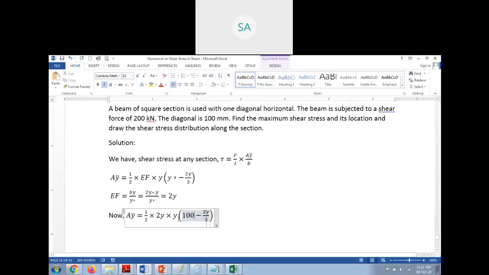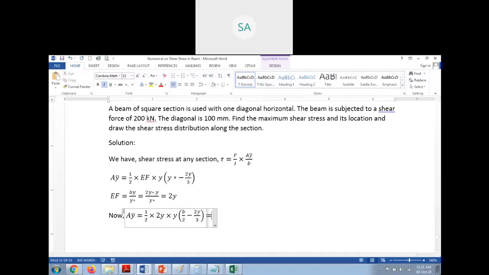Sorry, Y star is 50, not 100, it is 50, or I'll just put it as B by 2, that is better, because I need to derive a generic expression for this. Now this 2 and 2 gets cancelled, so here I have Y square, and this is B by 2 minus 2Y by 3, right?